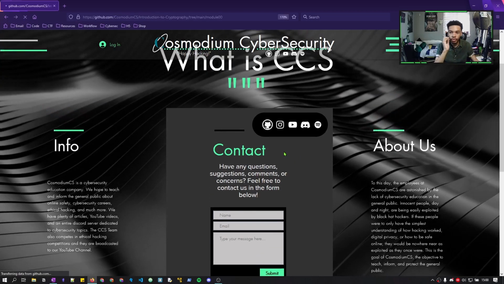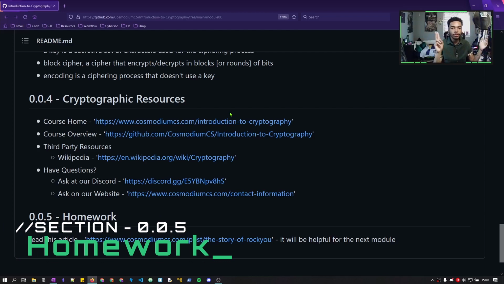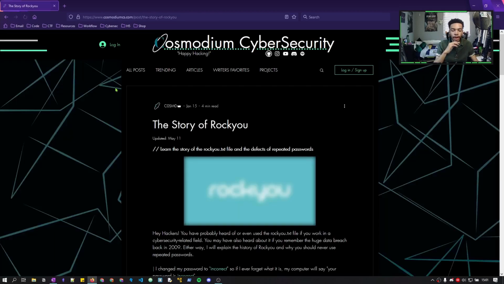All right. So the last thing is homework. Now there's only like 2 or 3 homework assignments in this entire course, and they're super easy. I didn't want annoying homework because it's supposed to be a fun course. So this homework assignment is you're literally reading an article. It's a 3-minute, 4-minute read. It's from my website actually, and it's about cryptography and the problems about repeated passwords.